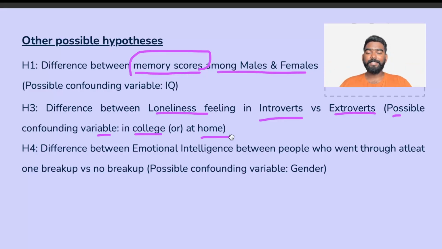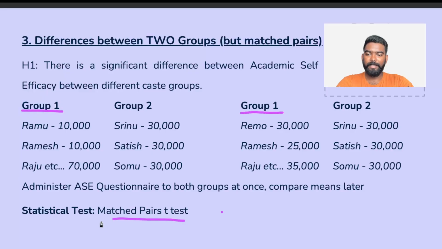Obviously you will get a larger difference in the loneliness of both groups. So you take introverts and extroverts such that both groups are staying at home or both at college. Similarly there are many confounding variables depending upon your hypothesis, and you must take care that both groups are similar. In these cases we will use the matched pairs t-test.